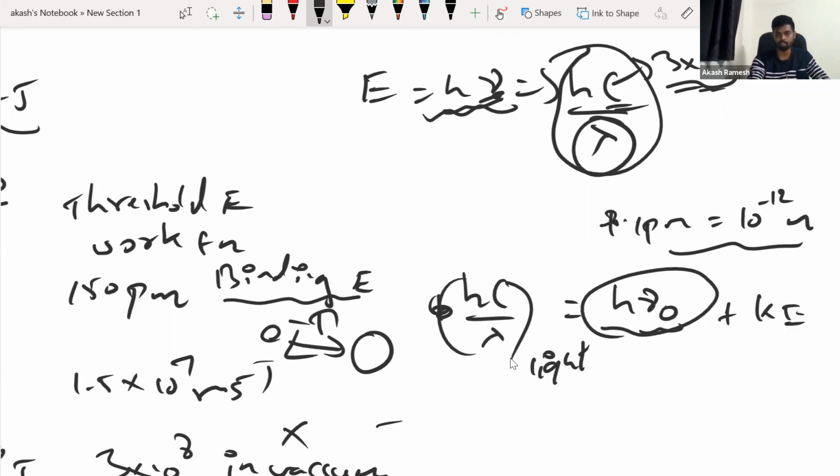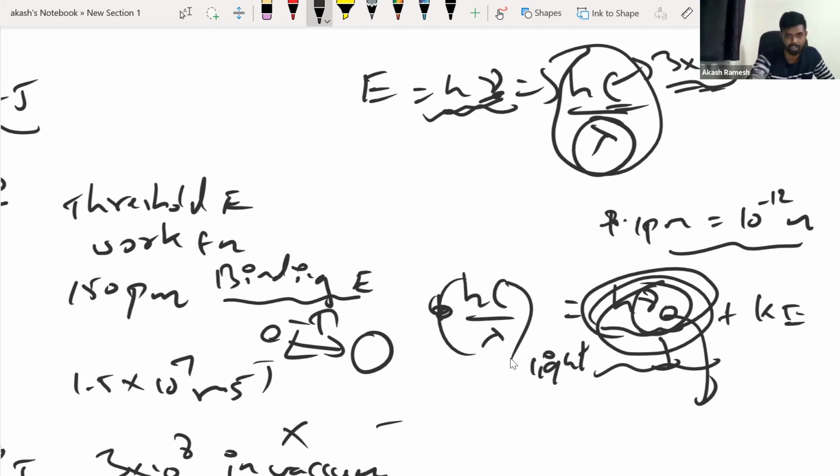In this question, what they're asking you is this entire term, hν₀, which is my binding energy. The same question I can modify a little and ask you to find the threshold frequency. Everything else is the same, but instead of asking for the whole term, I can ask only for the threshold frequency.